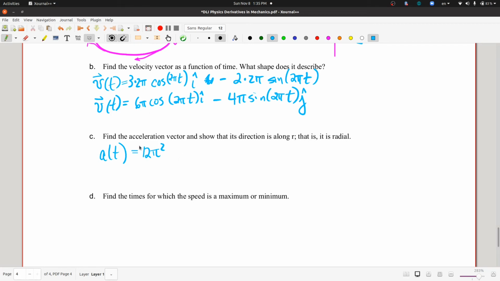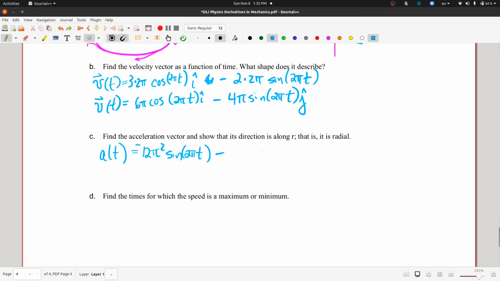Derivative of cosine is negative sine, so we have negative 12 pi squared sine of 2 pi t minus, here we have 2 times 2 pi times sine of 2 pi t. We need to remember that the derivative of sine is cosine, so the derivative of negative sine is negative cosine.